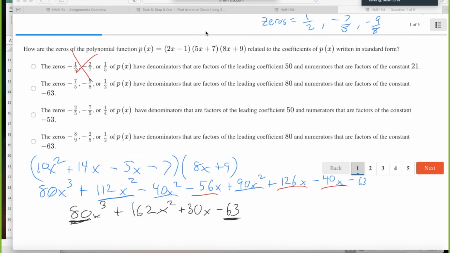I'll agree to that. Our leading coefficient is 80, and I was making sure that all of our denominators were factors of 80. And numerators that are factors of the constant negative 63. Again, I'll agree to that too. So I'm going to go with that.